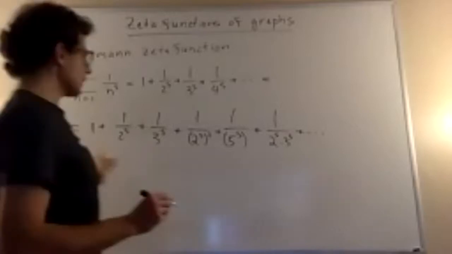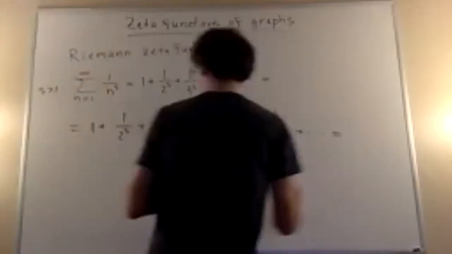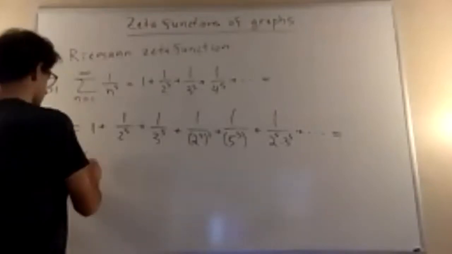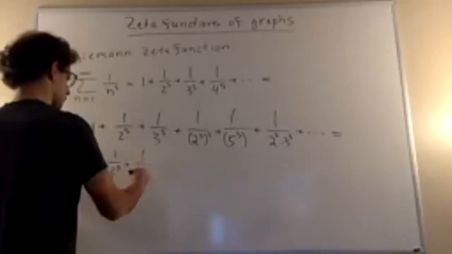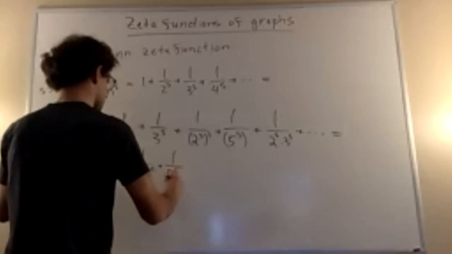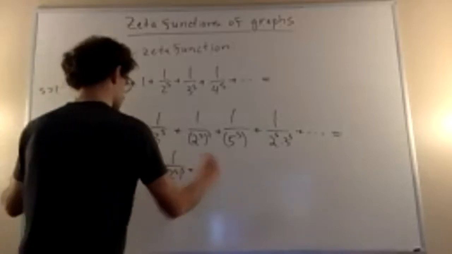And then I can take this infinite sum and write it as an infinite product. The infinite product is going to be 1 plus 1 over 2 to the s, 1 over 2 to the s squared, 1 over 2 to the s cubed, and so on.